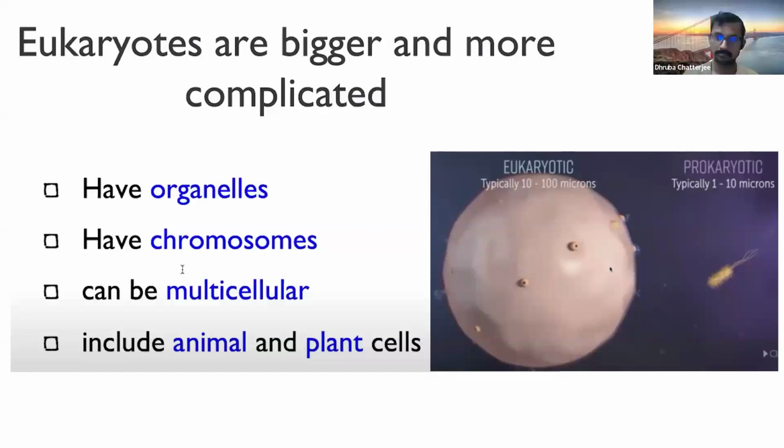This is because of the presence of these various subcellular membrane-bound organelles, right? In the eukaryotic cells, even the chromosomal genetic material, that is the chromosomal DNA, is present within the nucleus, which is a double membrane-bound organelle.